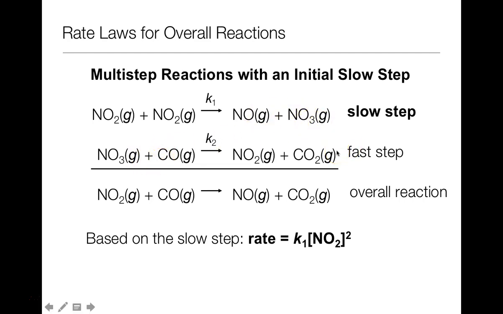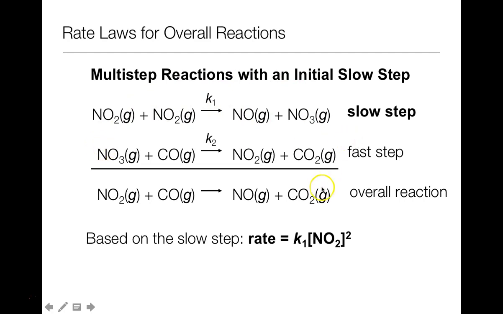There's no reverse step. Right? So it collides, it takes a while, it's got to find the NO2, it's got to be the right orientation, it's got to be the right energy. Finally it forms NO3, and it's just quick, it just goes. So there's our fast step. So again, this is our idea of the bottleneck. It's slowly, slowly trickling through NO3, and as soon as that NO3 reacts, it just goes.